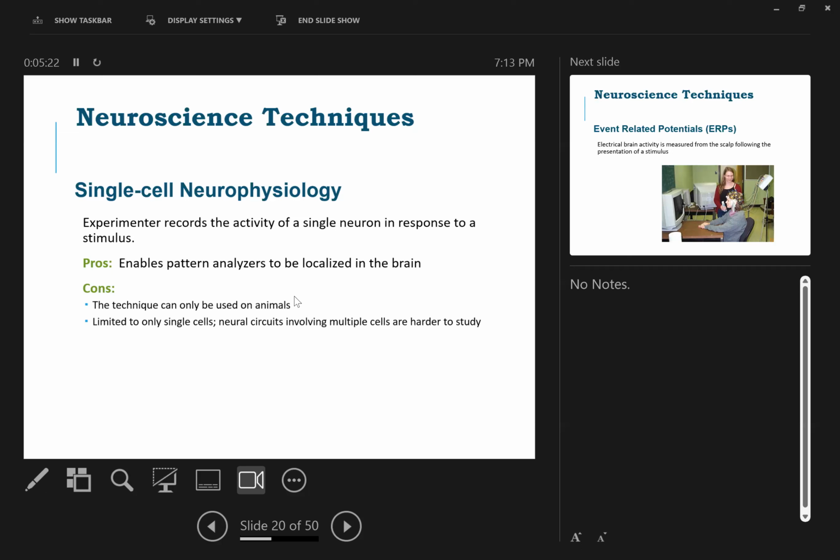What are the limitations of this approach? Well, it's really not possible to use outside animal models, cats, monkeys, or mice, some of the most used animal models. And it's limited to single cells.